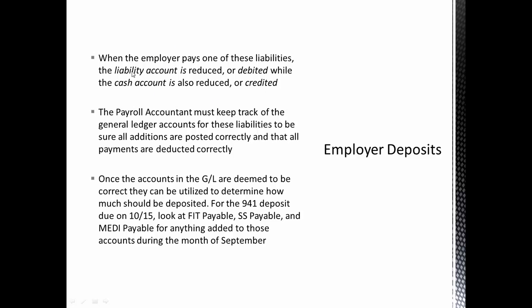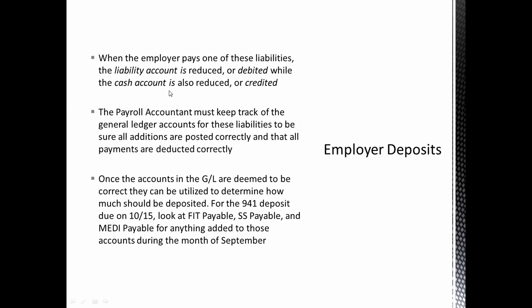Well, the liability is reduced. If I've made a 941 deposit, I no longer owe that FIT, that FICA amounts anymore because I just paid it. So I need to reduce those liability accounts. When I reduce a liability, it means I'm going to debit that liability.